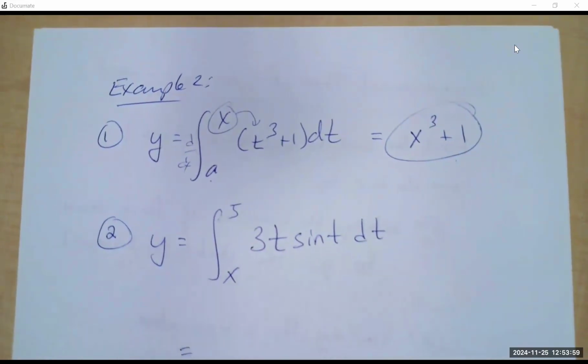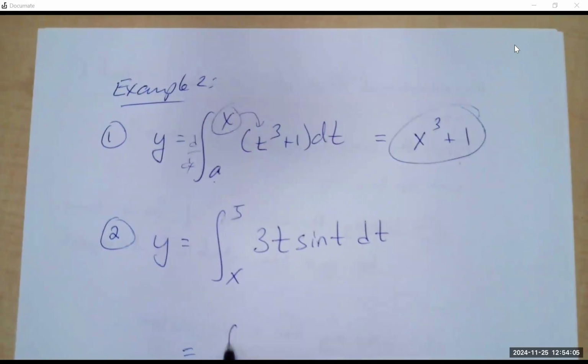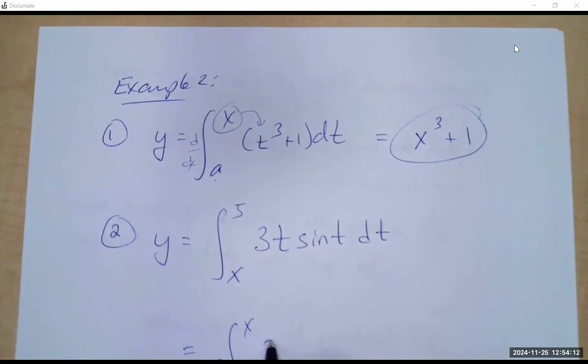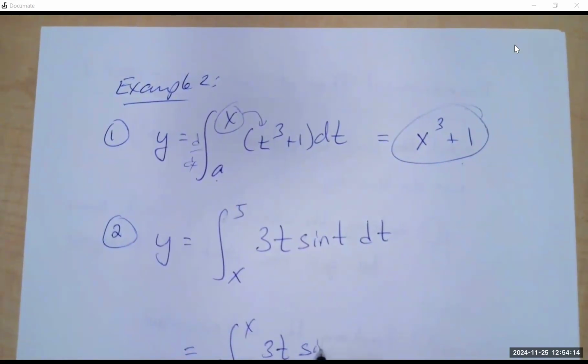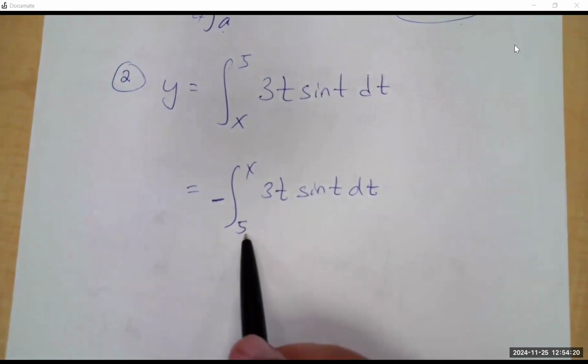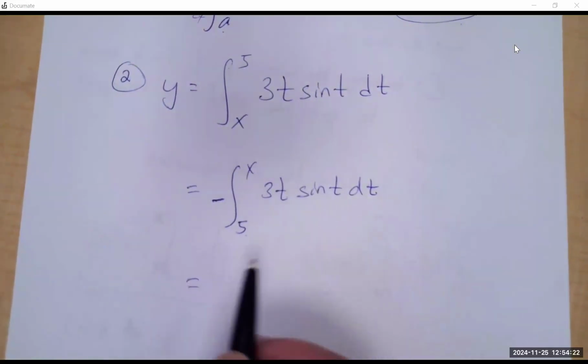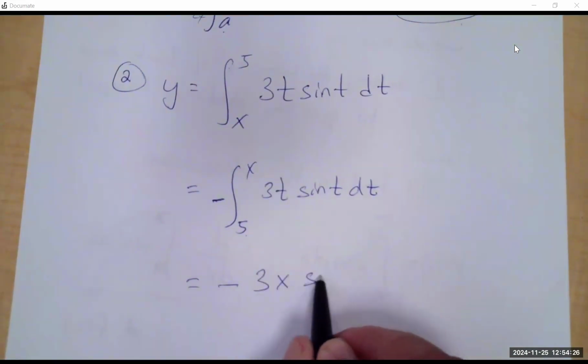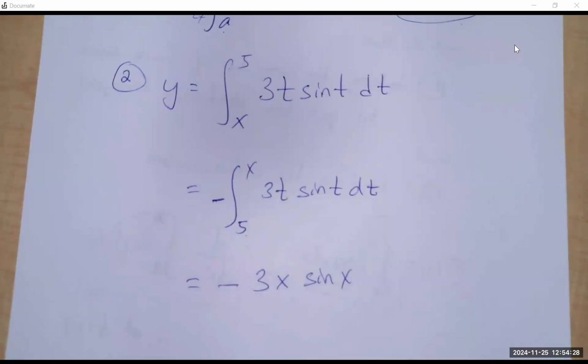Is it going from a to x? No, it's going from x to 5. So what do I have to do first? I got to switch them. When I do that, I got to change the sign. Now that I'm going from a to x, all I got to do is put x in place of t, and there's my answer.